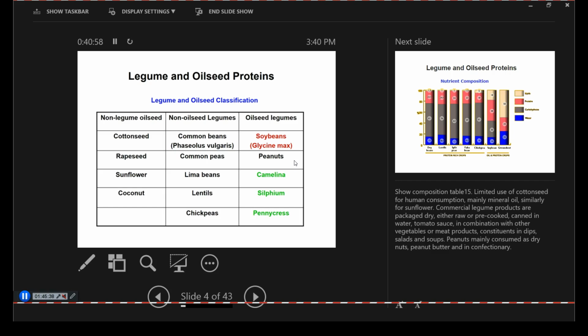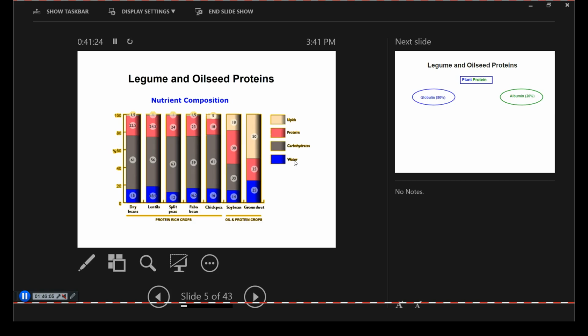Now they're being developed as crops for food, but they are also oilseeds that are high in oil, high in protein, and they are being developed because of environmental benefits as well as their potential dense nutrient content for food use.